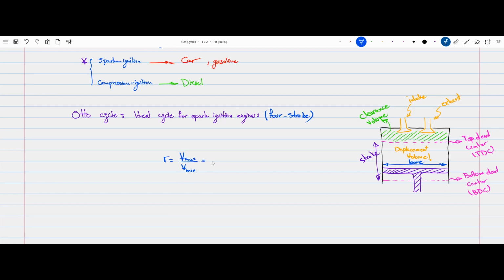So one can make the argument that this is the volume of the bottom dead center. With the same logic, you can see that the minimum volume for your system is when the piston is on the very top, which is the top dead center, and you can say the V minimum is V TDC, or also the clearance volume. They would be the same thing. We refer to this property as compression ratio.